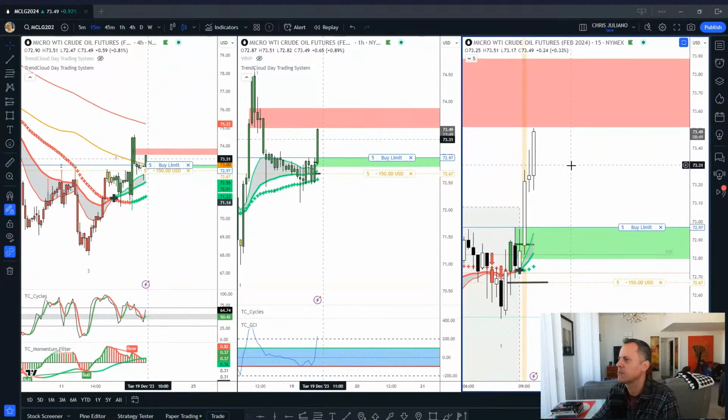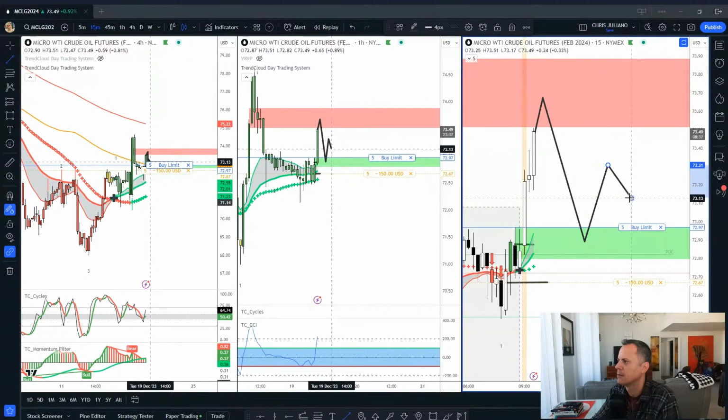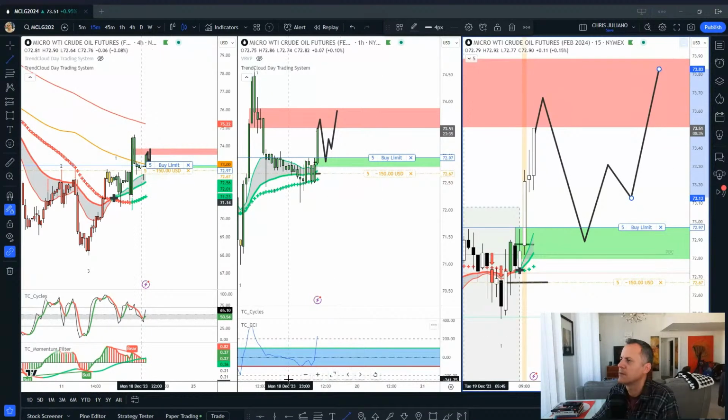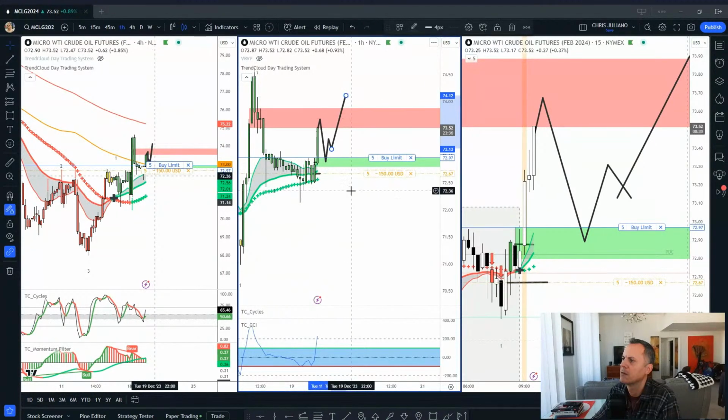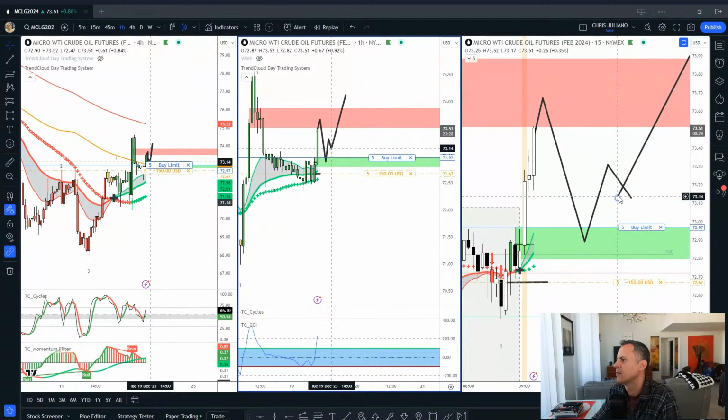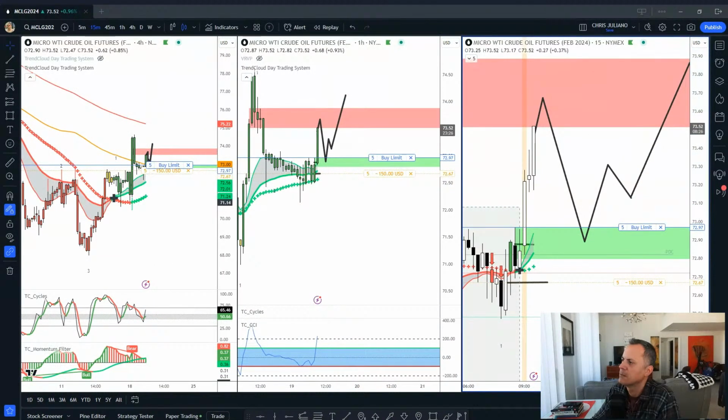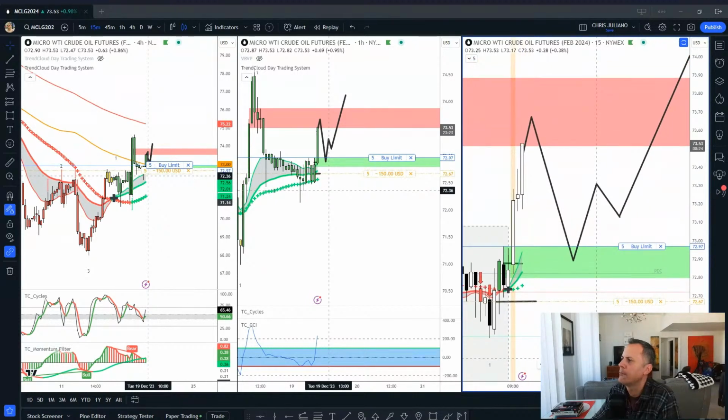Let's see if we can get this, right? Maybe we get something like that. We'll leave that on there and we'll see just how accurate our quick little drawing is.